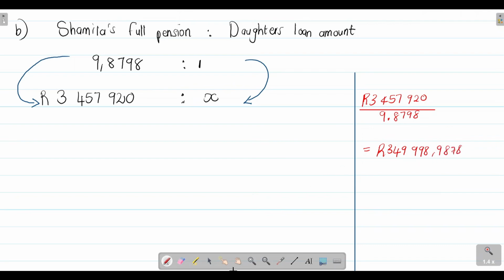Okay, so that means that if you want to move from your 9.8798 to 3,457,920, we need to take that 9.8798 and you need to multiply it by what?